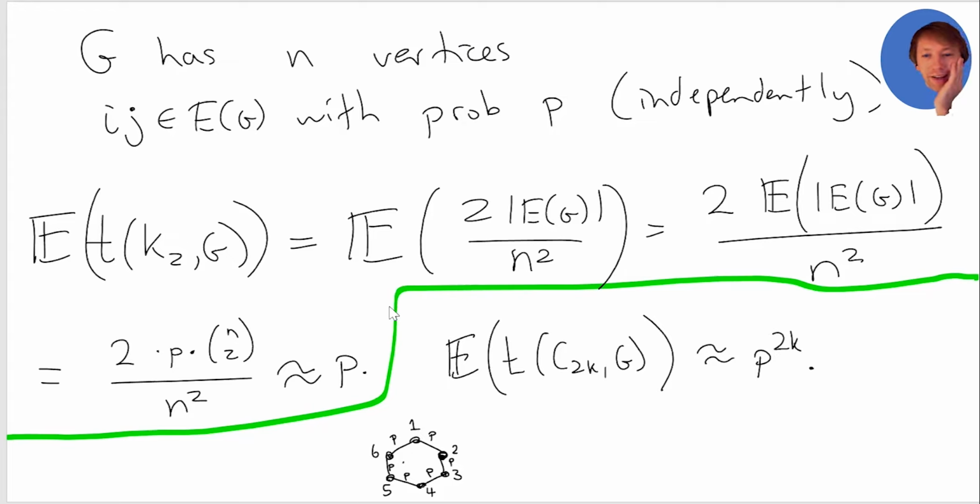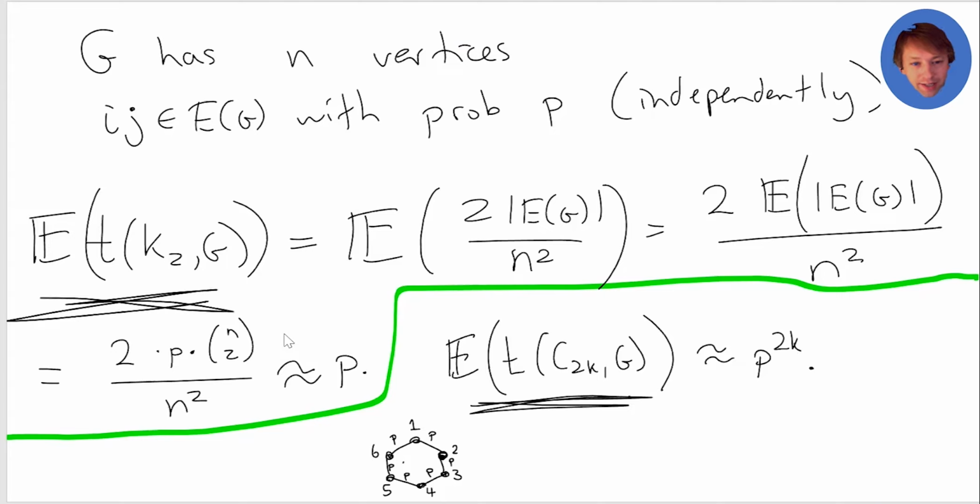So again, as n goes to infinity, if you take a random graph, the homomorphism density of a 2k cycle will tend towards p to the 2k, whereas the edge density will tend towards p, which I know people maybe don't love, but that shows that it's basically tight, at least in an asymptotic sense.